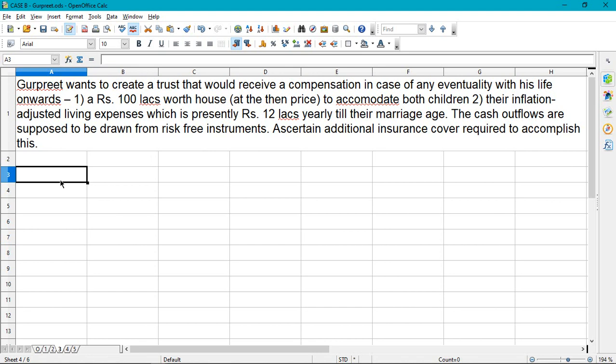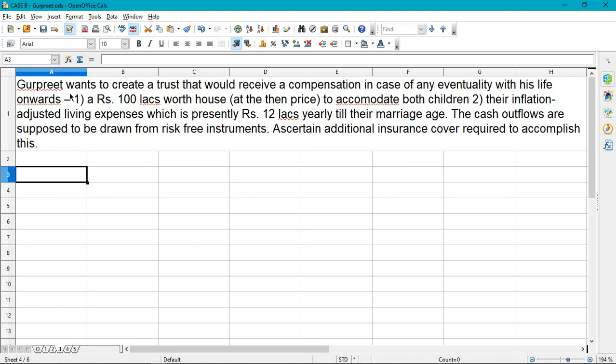Here, the question requires us to solve the life insurance cover via the expense approach. And there is also another criteria to add to the insurance cover, which is the house worth. Now, notice point number one, which is 100 lakh worth house.